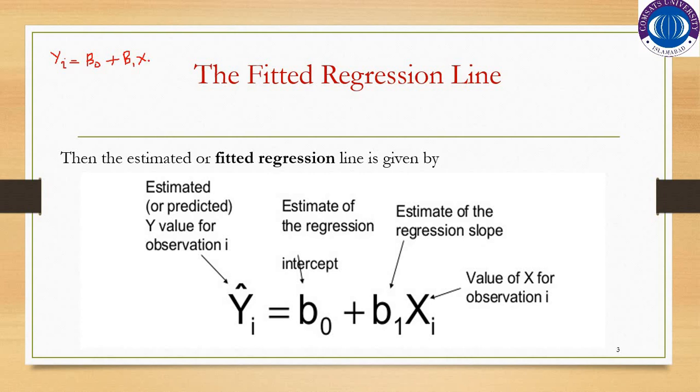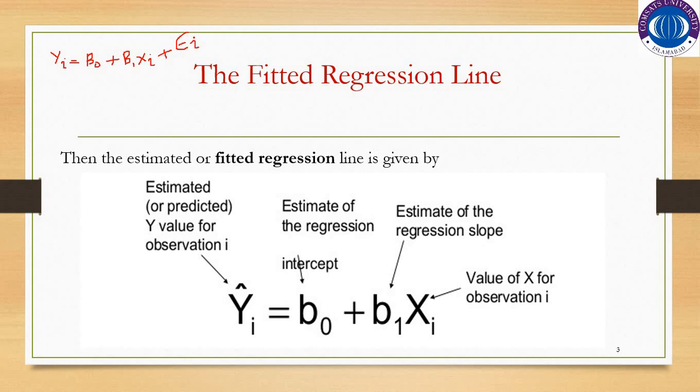As beta naught and beta 1 are unknown population parameters, and if this is non-deterministic, the term epsilon will come along with this, as epsilon is the error term.